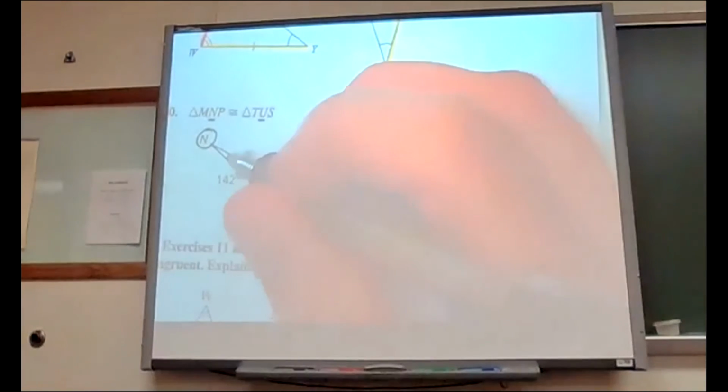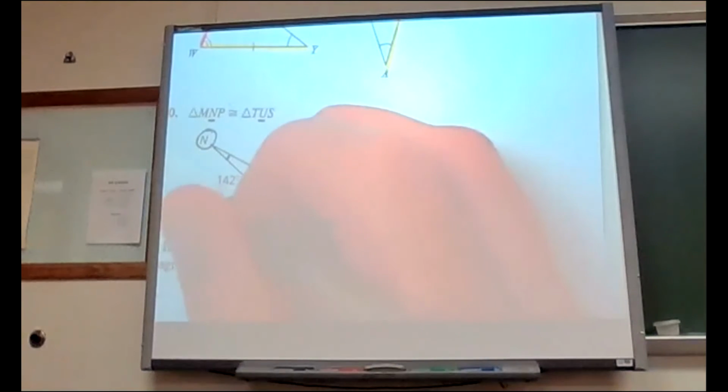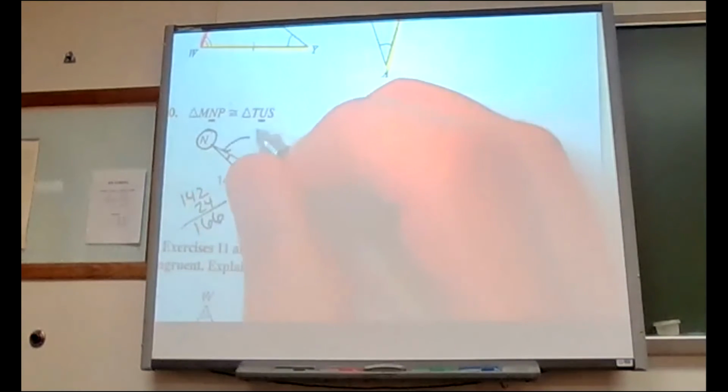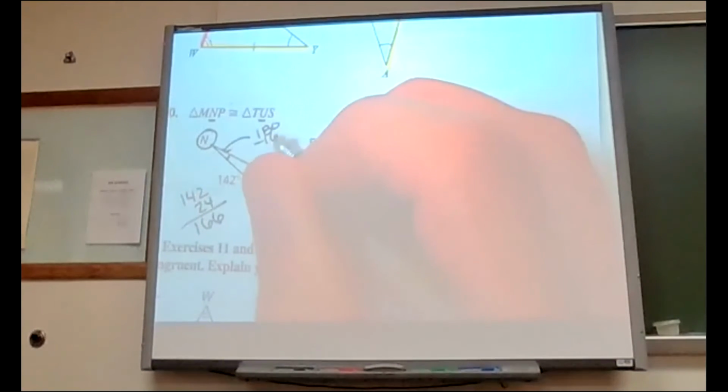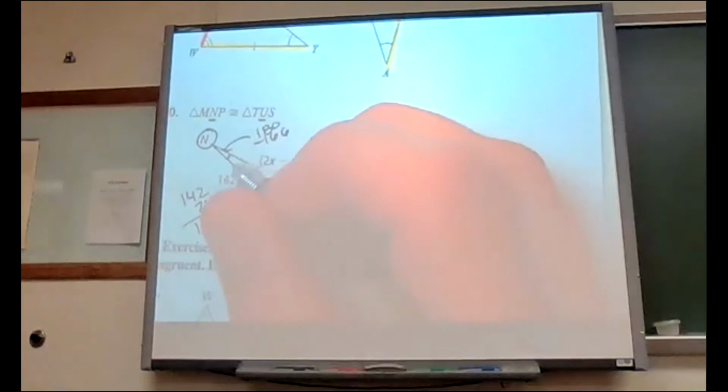Could I find angle N? Yeah, because this is a triangle. And so just like always, a triangle has to total 180. So I have 142 and 24 gives me 166. So this angle here is going to be 180 subtract 166, or how many degrees would angle N be? 14.